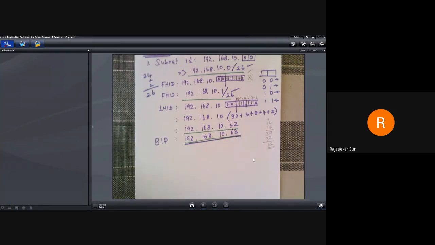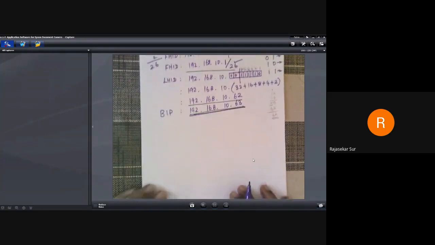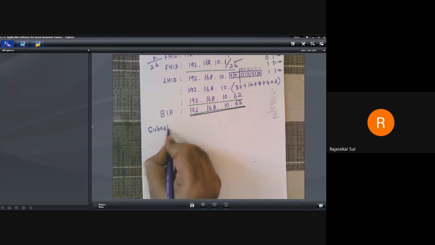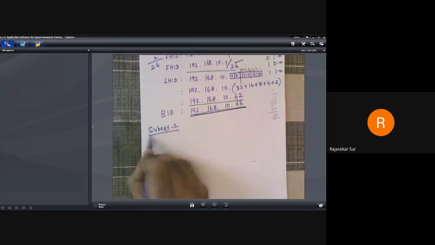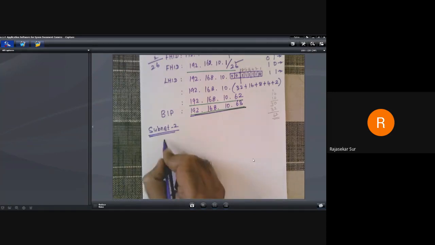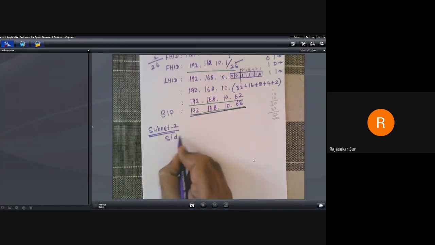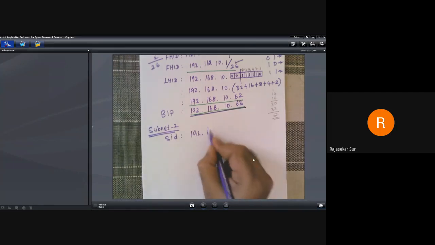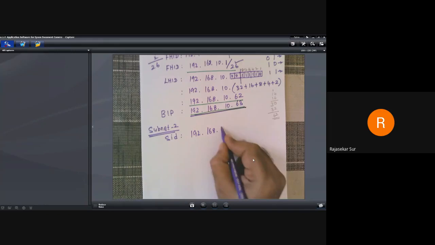Now I will do it for the second subnet. Then things will become more clear. Now first I want to find the subnet ID. 192.168.10 dot.